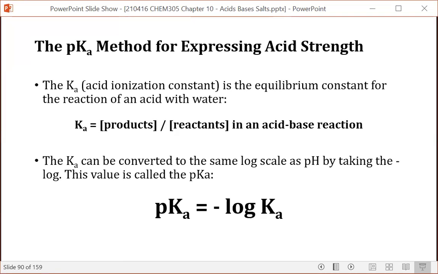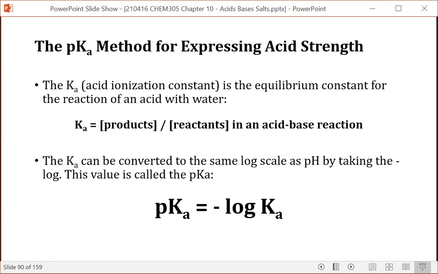So the Ka, the acid ionization constant, is the equilibrium constant for the reaction of an acid with water. If we write out how to calculate Ka, it's the concentration of each of the products when an acid ionizes in water divided by each of the reactants.